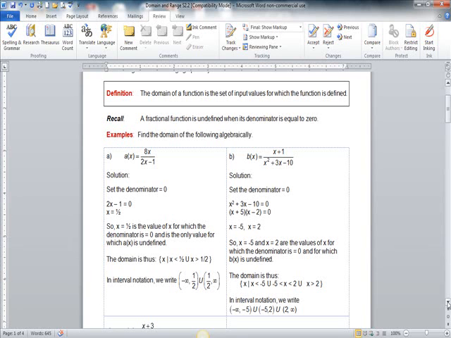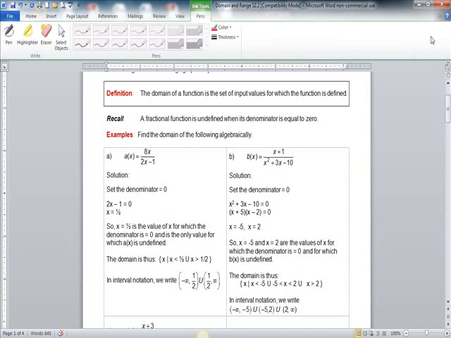So let's take a look at how we would write the domain, just very briefly. If I were to look at a number line, and on that number line I put the number 1/2.